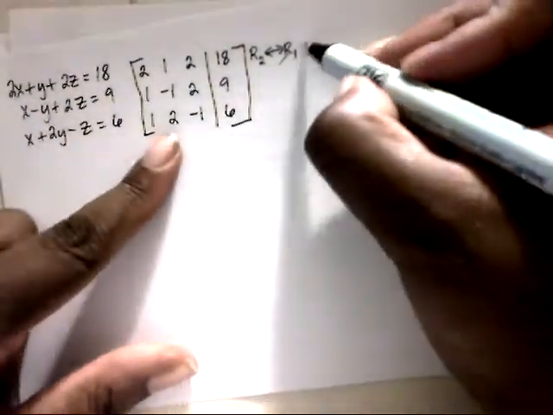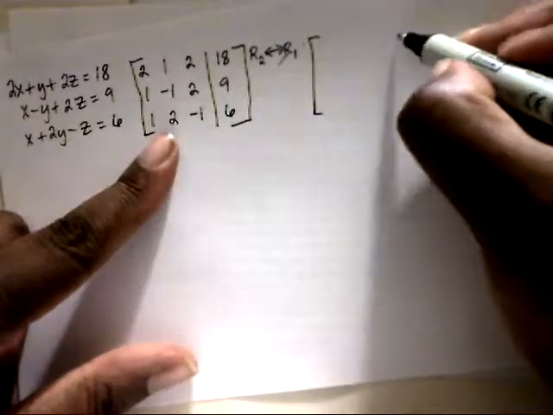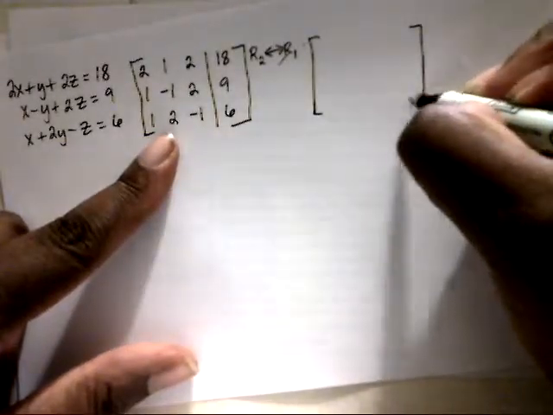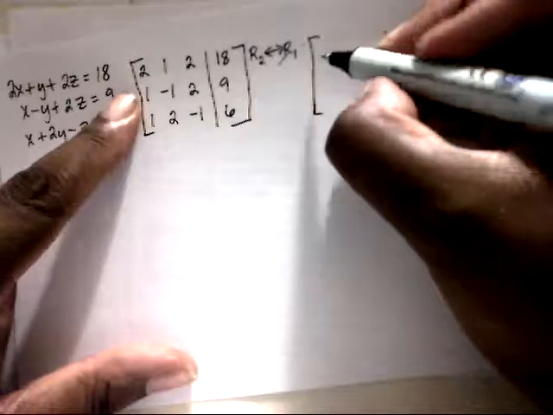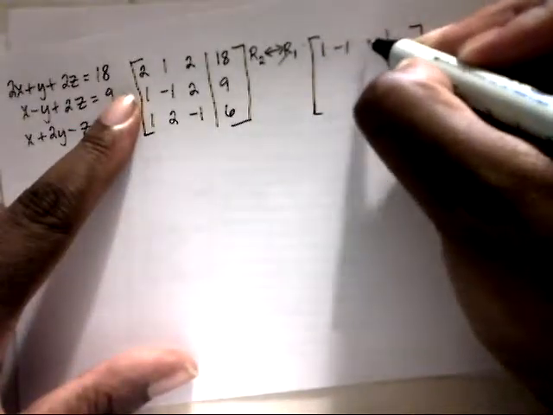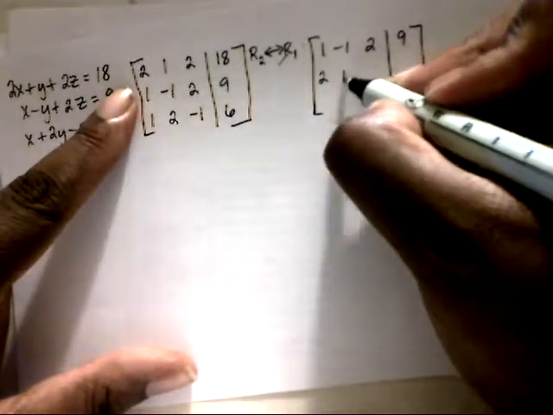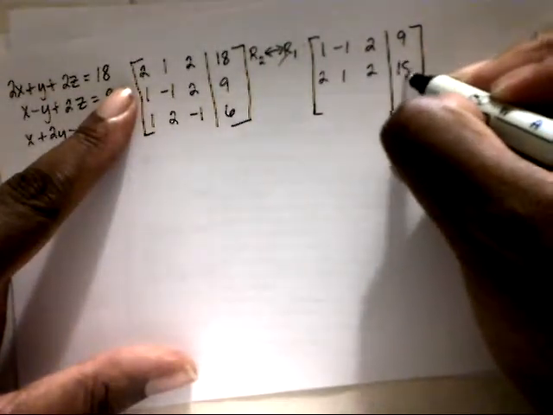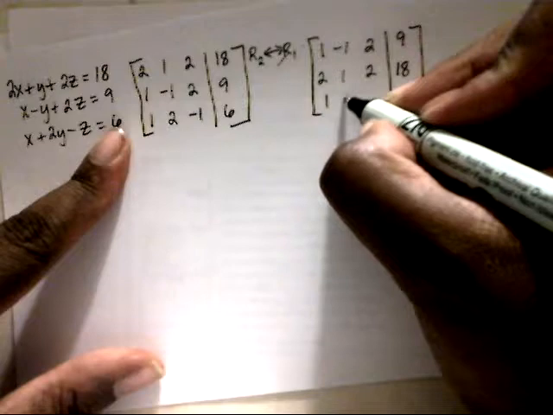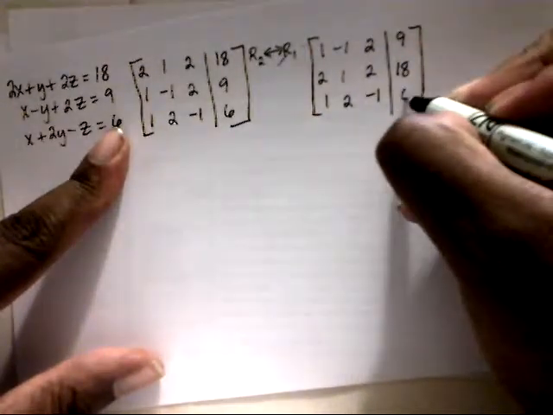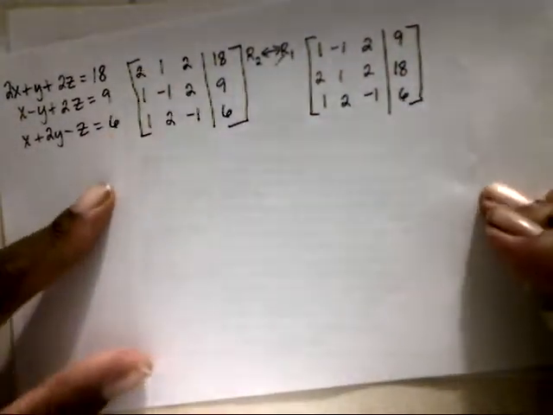So the first row is going to be 1, negative 1, 2, and 9. The second row will be 2, 1, 2, 18. The third row remains the same: 1, 2, negative 1, and 6.